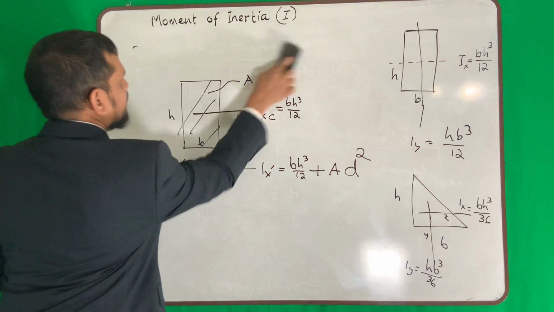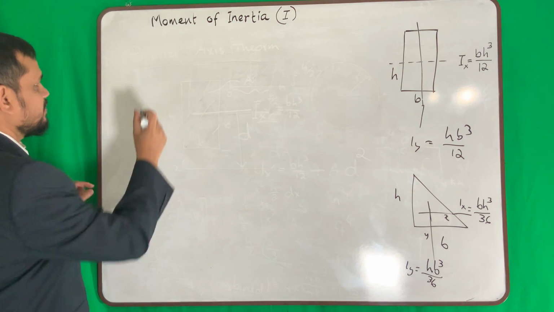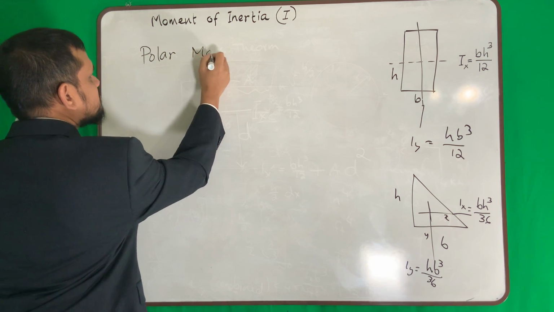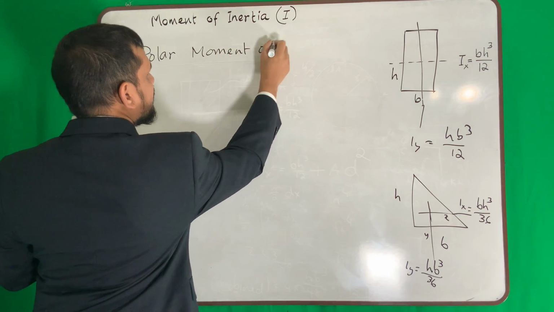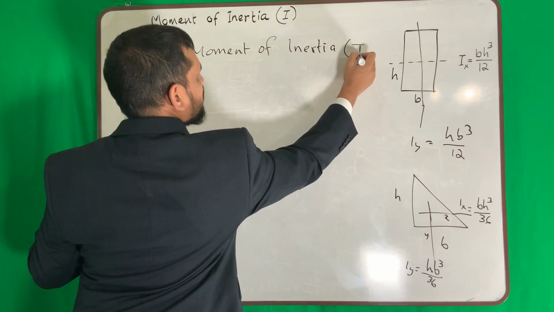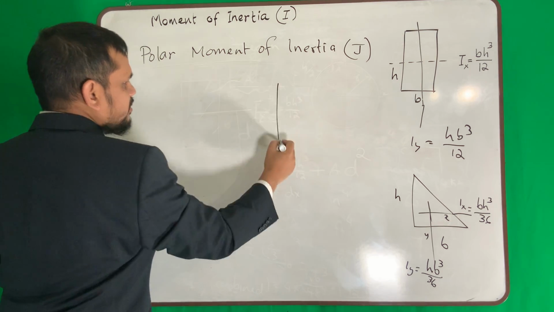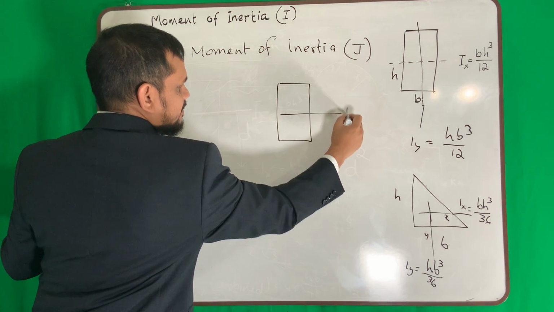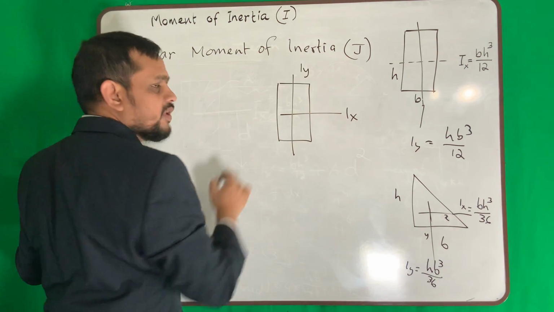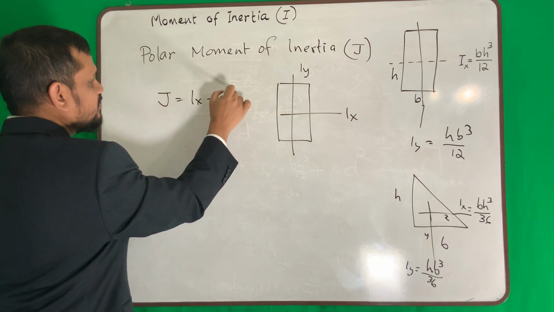Other miscellaneous parameters: say, polar moment of inertia. We commonly represent it by J. Say for a triangular section, if I find the moment of inertia about the x-axis and about the y-axis, the polar moment of inertia will be Ix plus Iy.